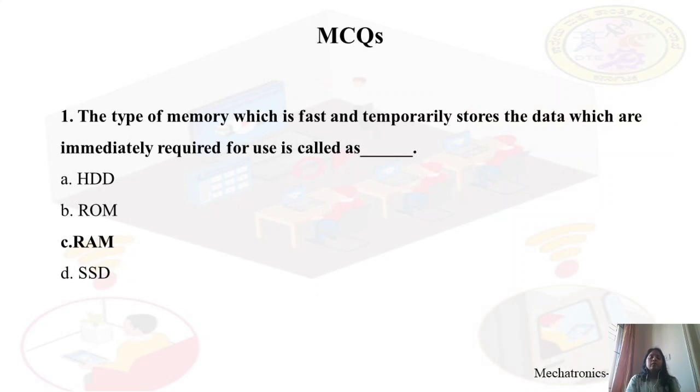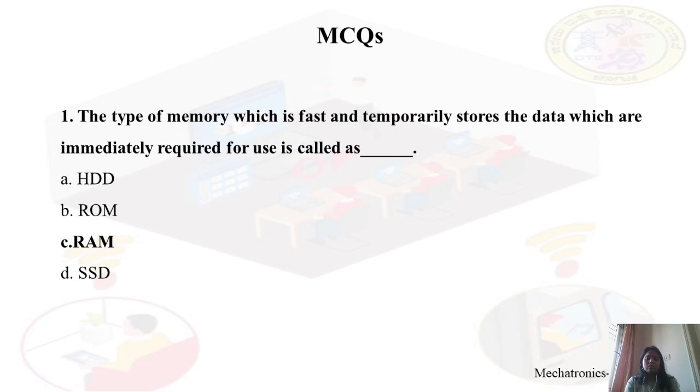Understood? So this is about the memory. If we summarize today's session, we have seen the types of memory, ROM and RAM. In the RAM, we have read-write as well as read-only. In the read-write, we have static RAM as well as dynamic RAM. In the read-only, we have EEPROM, double EEPROM, and your flash memory, etc.